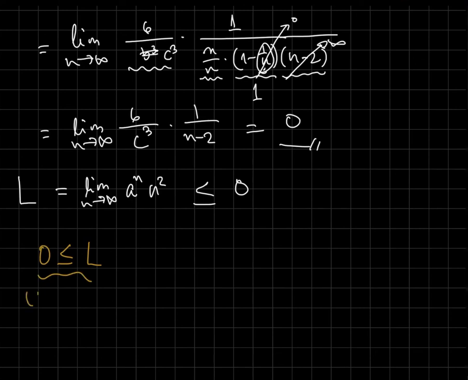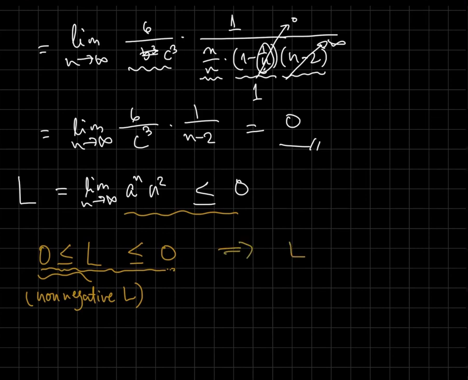That means non-negative. And from here we know that L must be less than or equal to 0. And the only value of L that has this property is L equals 0. And so we are forced to conclude that in fact L is equal to 0.